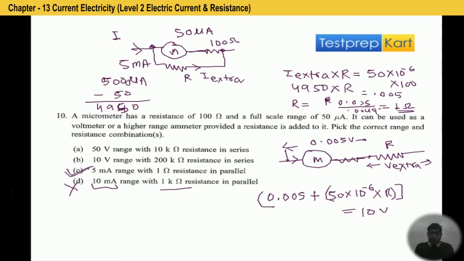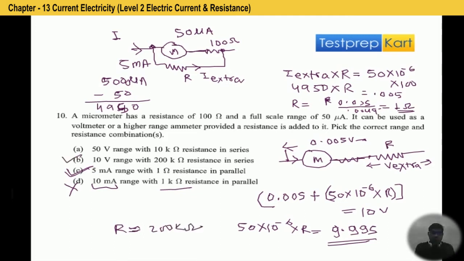This total voltage can be distributed in two parts. So from here we'll get 50 into 10 to power minus 6 into R equal to 10 minus 0.005, which is 9.995. From here we calculate R and get approximately 200 kilo ohm.